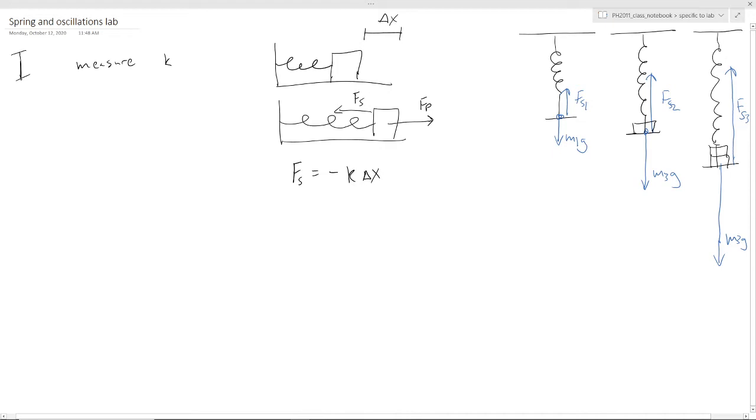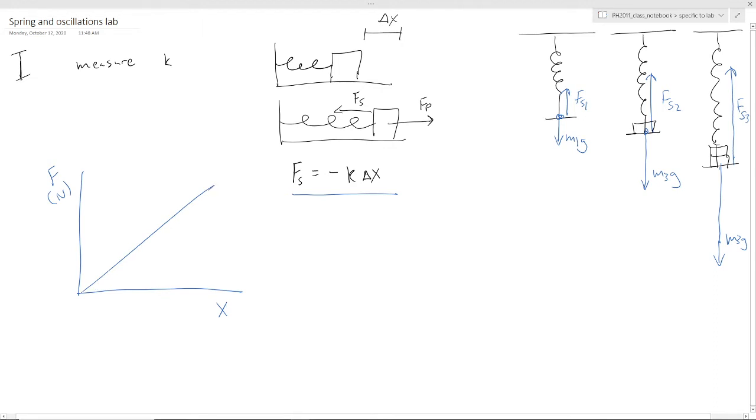And what you're going to do is just record that for some different values and make a plot of the force in newtons as a function of this distance. And notice it's going to look like this. It's going to be proportional to the distance, and the function should look like a line.